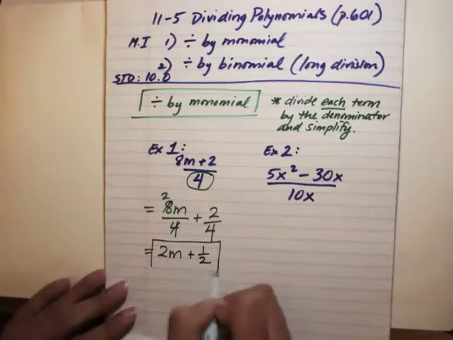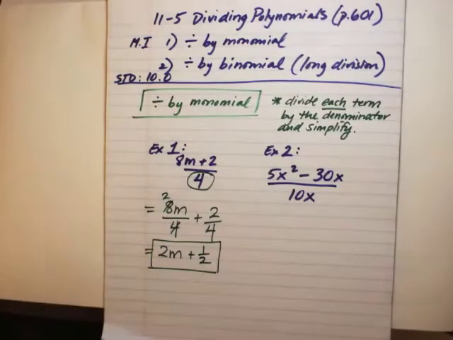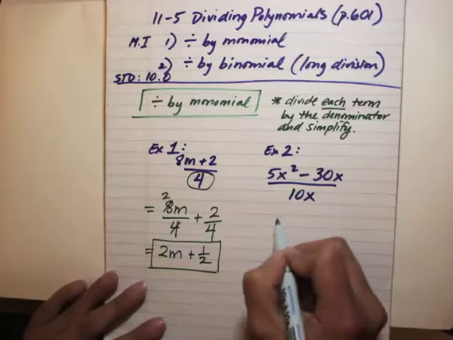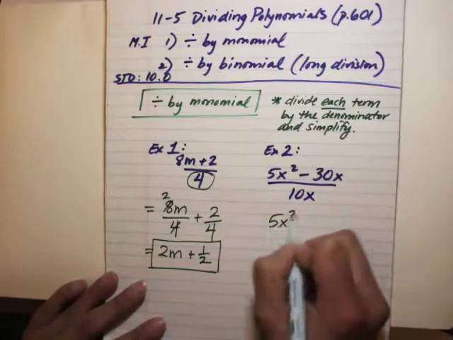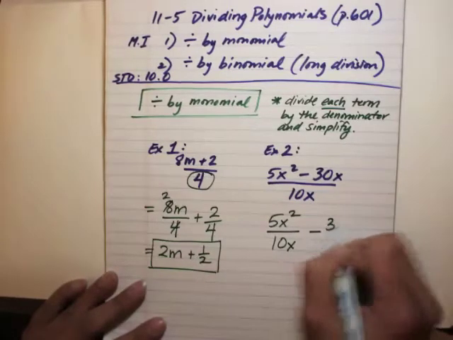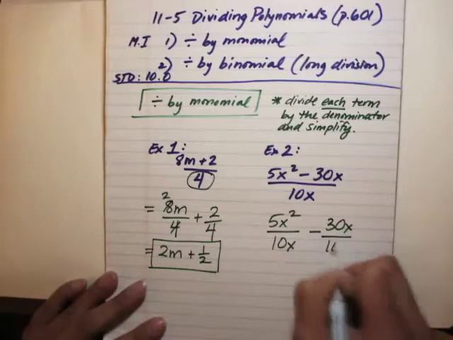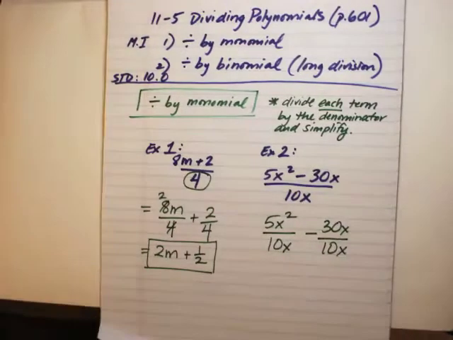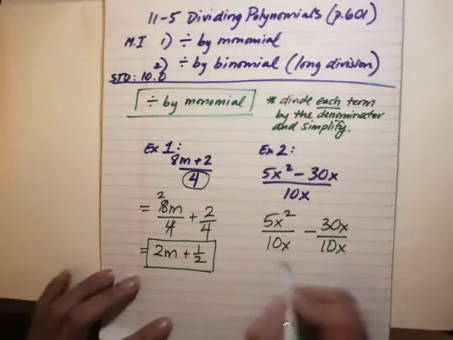So it's very simple, very basic. Okay, let's try number 2. You have 5x squared divided by 10x minus 30x divided by 10x. Simplifying this, what would you get?